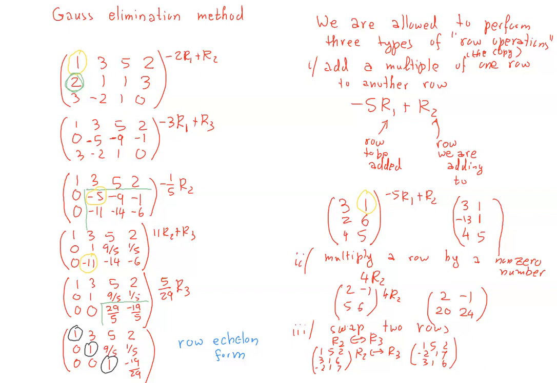When you use this method, you try to make the first column be 1 0 0. Right. Why don't you make the second row first, such as changing the -5 to become 1 first, and after that going to the third row to solve the situation to be 0 0 and 1?